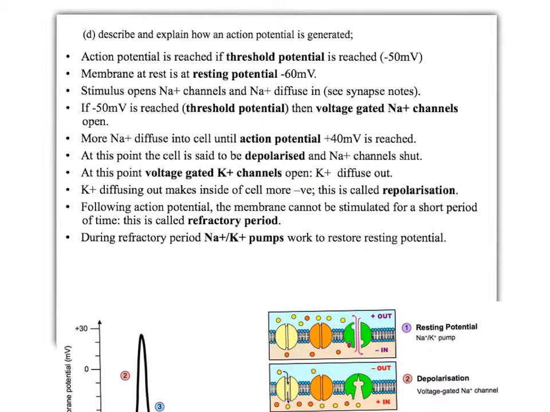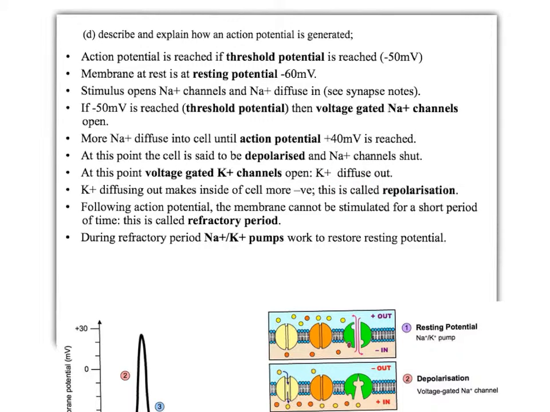Okay, and immediately after depolarization, sodium ion channels then shut. So they open for a while, allow sodium ions in, and then close. At plus 40 millivolts, we have other proteins in the cell surface membrane called voltage-gated potassium ion channels, and they suddenly open, which allows potassium ions to diffuse out.